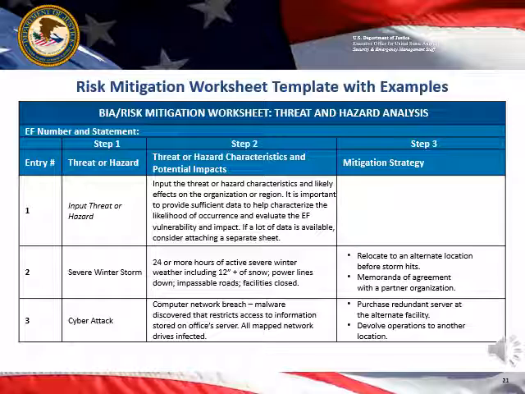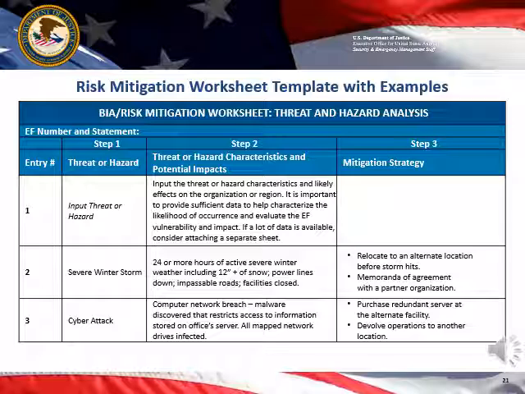This worksheet is used to develop mitigation strategies associated with the threats and hazards identified in the business impact analysis process. Additional detailed information on the business process analysis and the business impact analysis process, including forms, can be found in the Federal Continuity Directive 2.